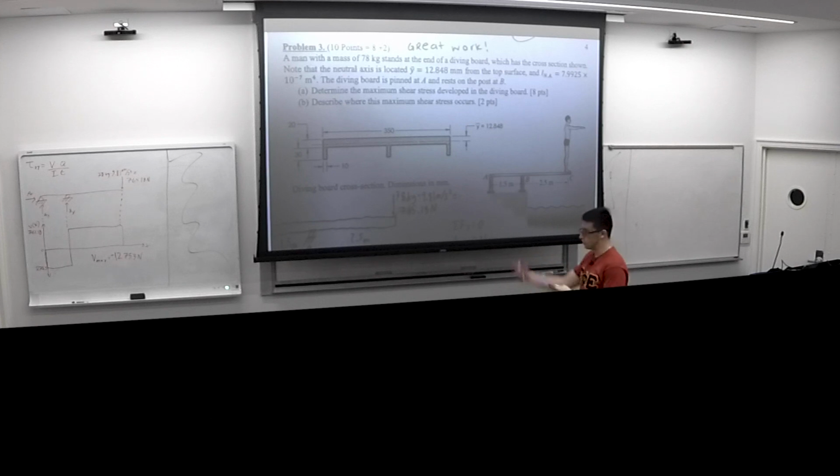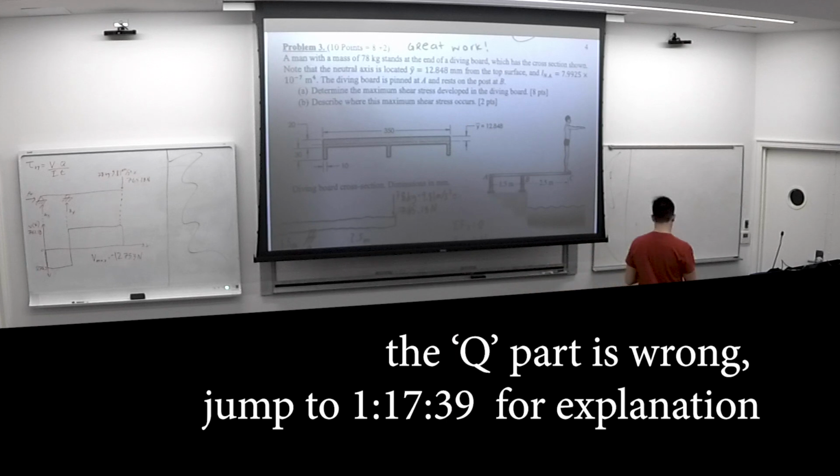So we'll do Q next. So Q is your moment of the area. So to find it, Q is equal to, that's your cross-sectional area here. So I'll just draw out a copy of it roughly, with your neutral axis somewhere around here.